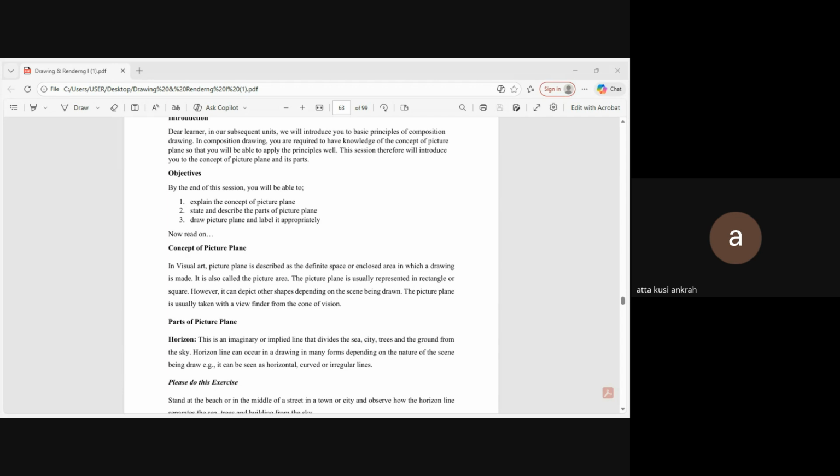The terms that we have just discussed: above, below, and on the eye level. Let's get images on them and paste them. If there's any discussion, we'll do it. I'm also waiting for that.